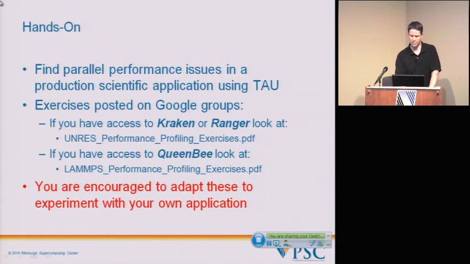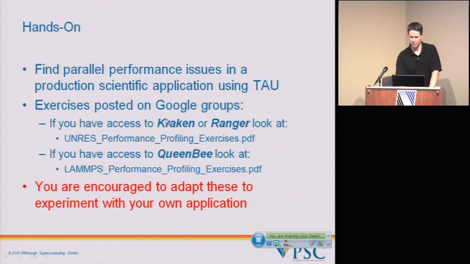But we do have some exercises to give you a taste of finding parallel performance issues in real production scientific applications. On Kraken and Ranger, it's this unres code that I've been talking about, but I specifically didn't show the answers in this talk.